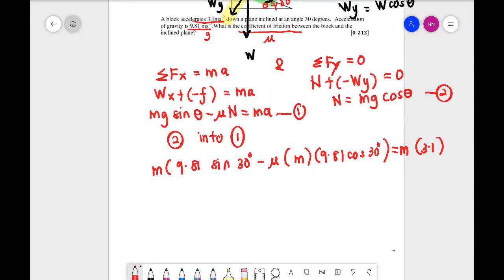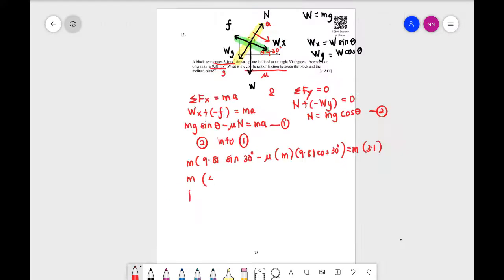Okay, so we can factorize with m. So 9.81 sine 30 degrees equals 4.905, and then mu is the unknown.